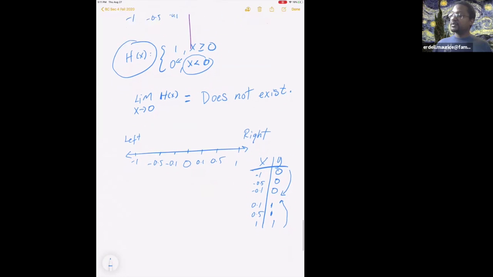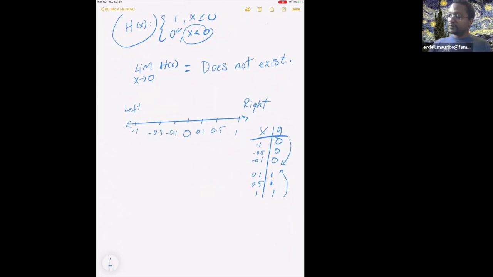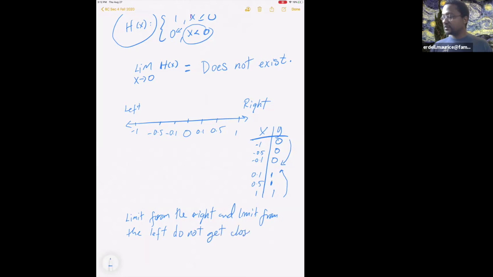The limit does not exist when the limit from the right and the limit from the left do not get close to the same number.